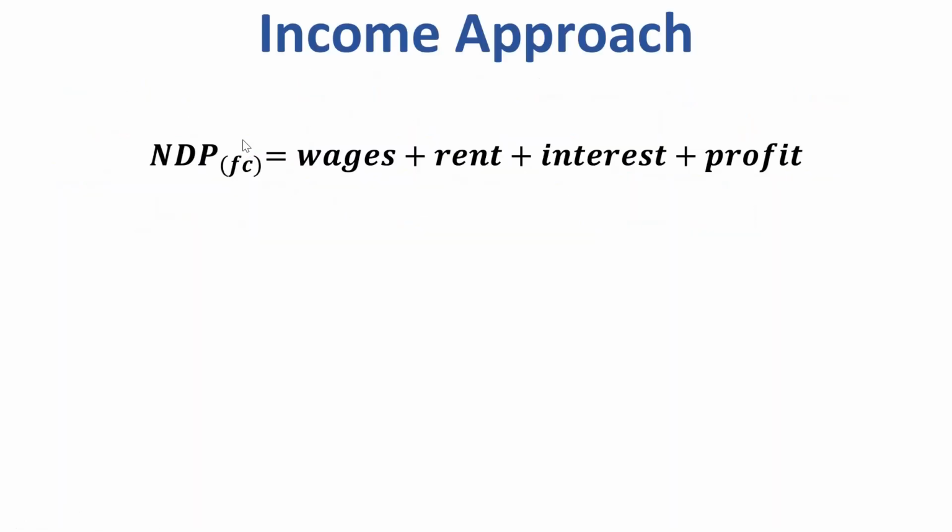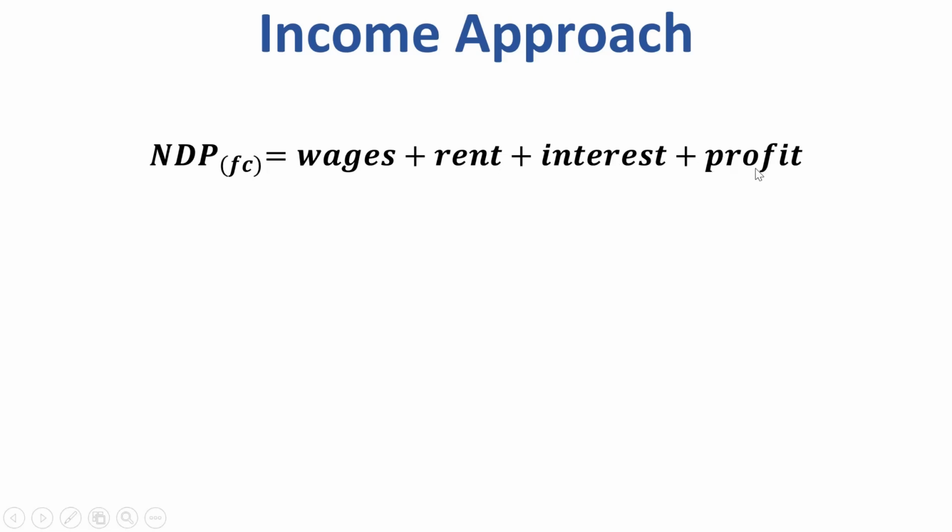When we are talking about the income approach to GDP, it is about adding all the factor incomes. In the simplest form, let's assume that we have these factor incomes: wages for labor, rent for land, interest for capital, and profit for entrepreneurship.